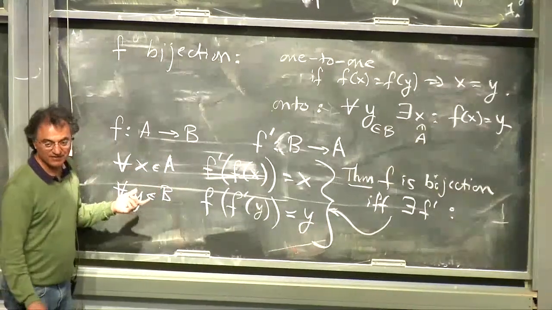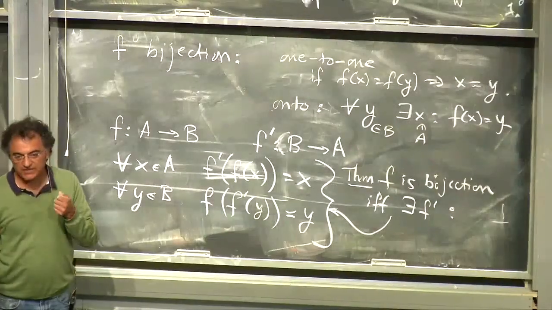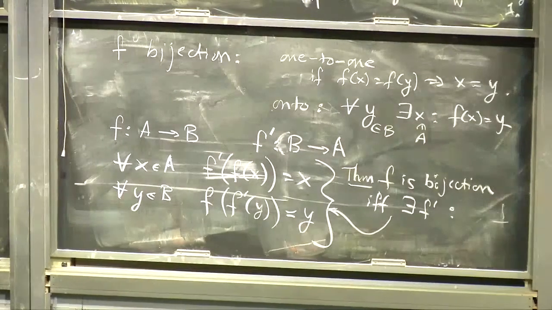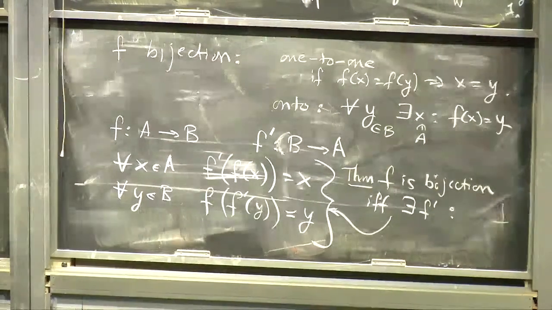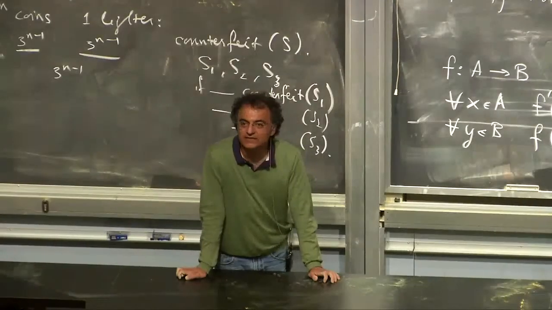Right? That f prime undoes what f does, f undoes what f prime does. Right? Yeah. F prime is also a bijection. Okay. Is that clear?